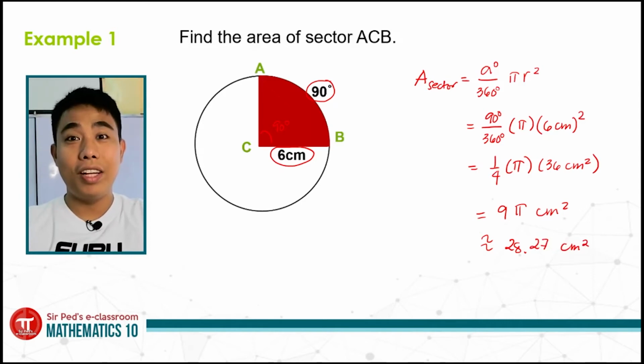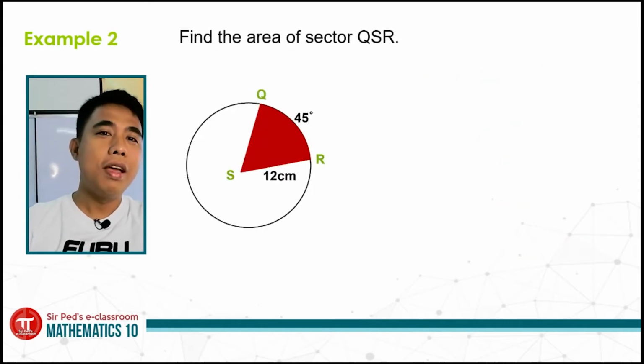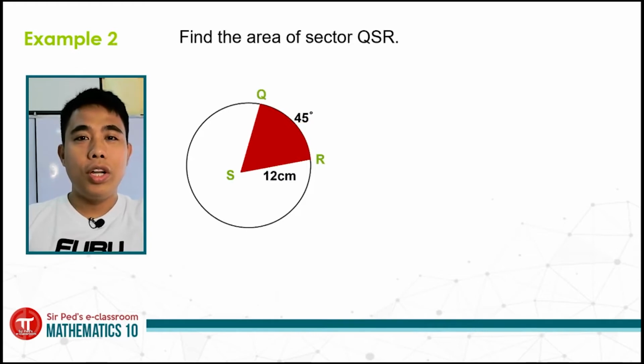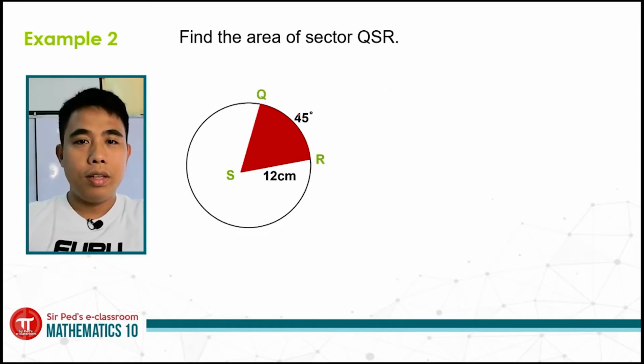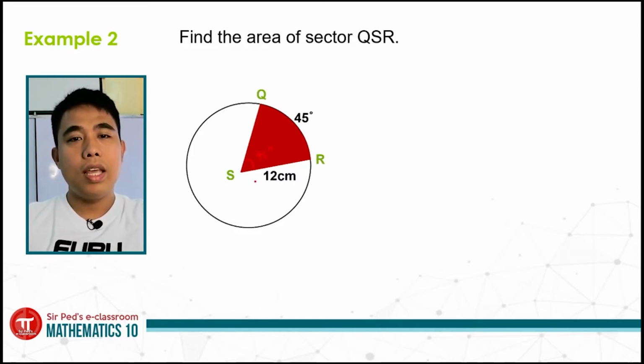Let's have another example. Find the area of sector QSR. So, consider arc QR is 45 degrees, which means angle QSR is also equal to 45 degrees. And then the radius of the circle is 12 centimeters. So substitute that to the formula.